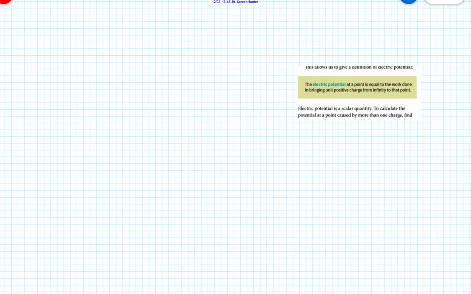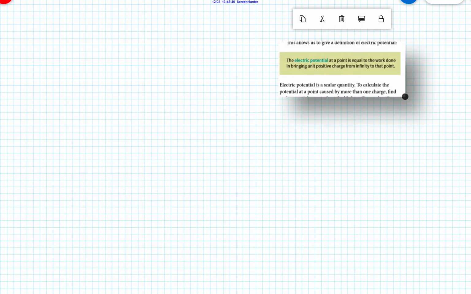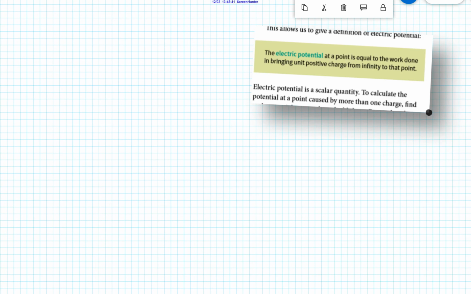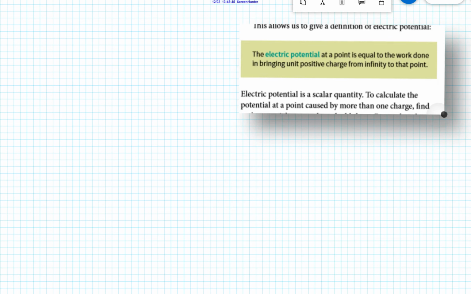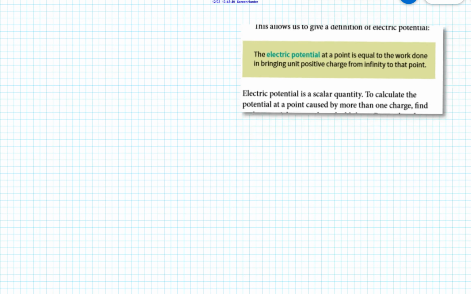Electric potential is defined: electric potential at a point is the work done in bringing a unit positive charge from infinity to that point.